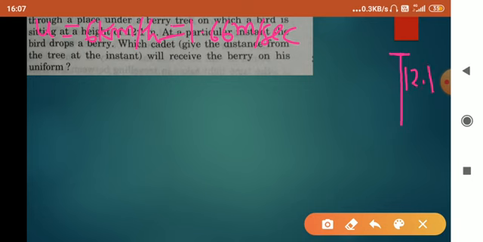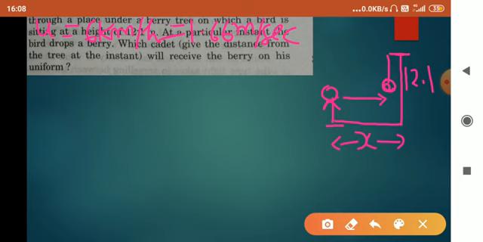Now, at a particular instant, the bird drops a berry. Suppose the cadet is at a distance x and the berry is falling, and this cadet is moving towards the berry and catches it. So now we have to find this distance x. Clear?